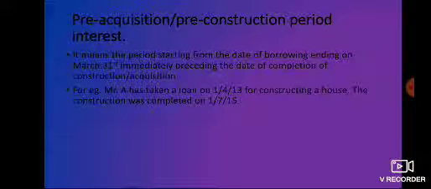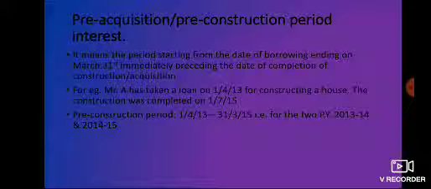Here an example is given. For example, Mr. A has taken a loan on 1st April 2013 for constructing a house. The construction was completed on the 1st of July 2015. So your pre-construction period will be from the 1st April 2013, the date of borrowing, to 31st March 2015, that is the 31st March immediately preceding the date of completion.